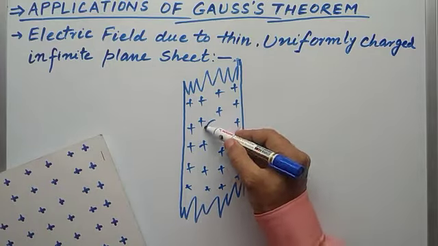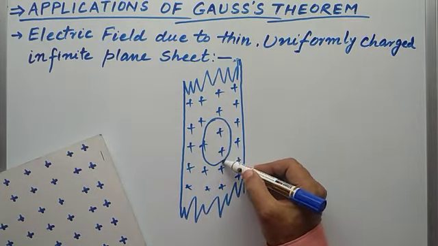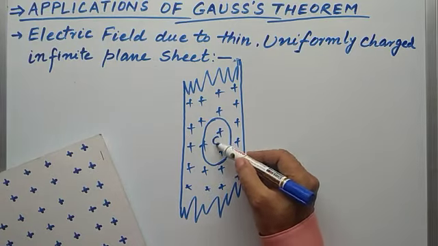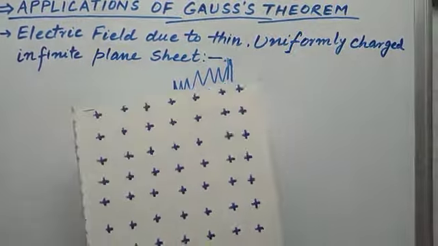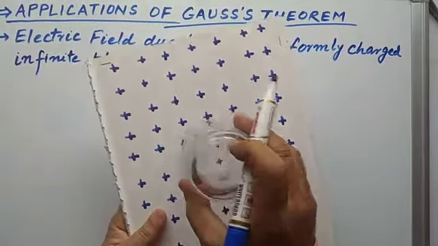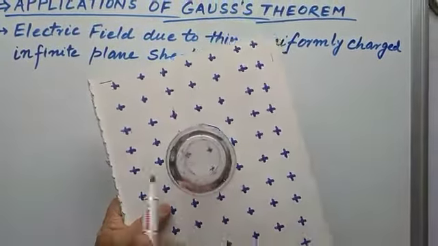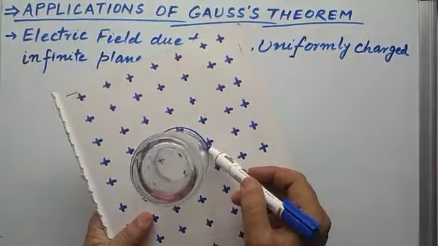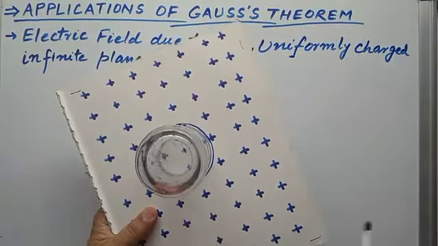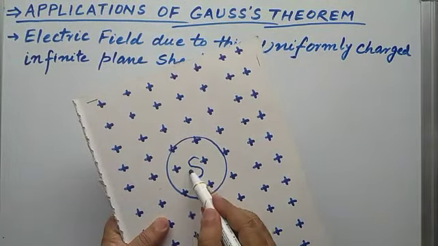Consider a small section having surface area S like this. This is the surface area of the section. Suppose this is S.